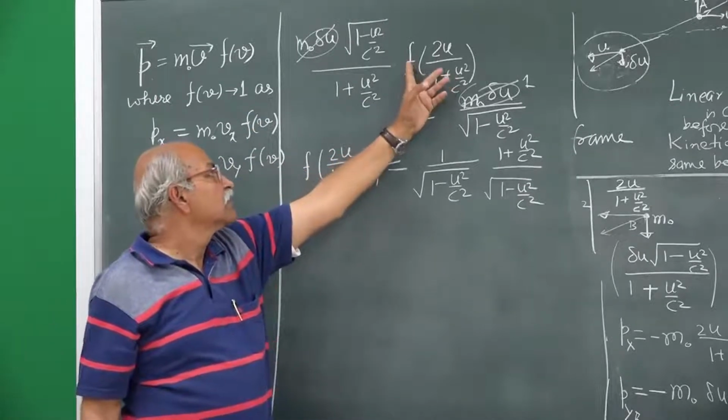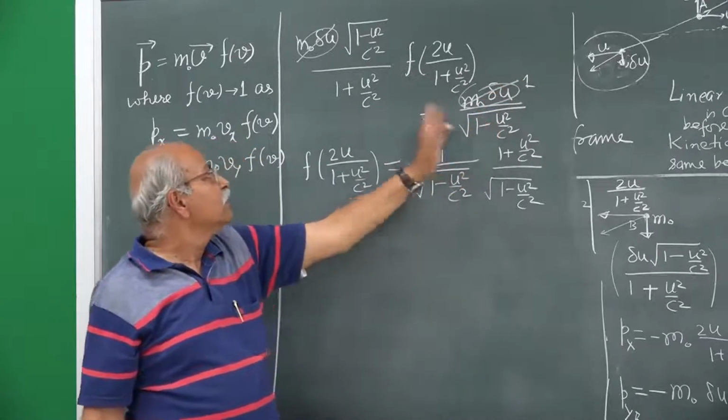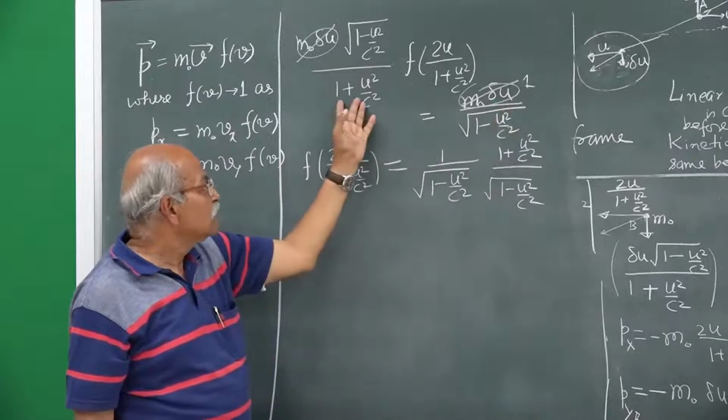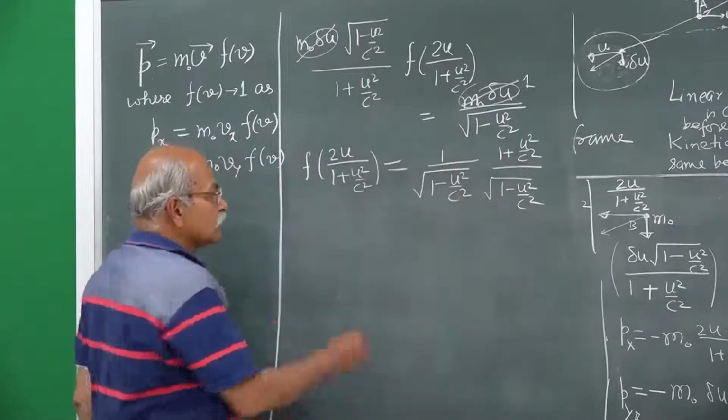This function of 2u by this is equal to the right hand side, and from here this thing goes on the other side, this denominator goes in numerator and this numerator goes in denominator.